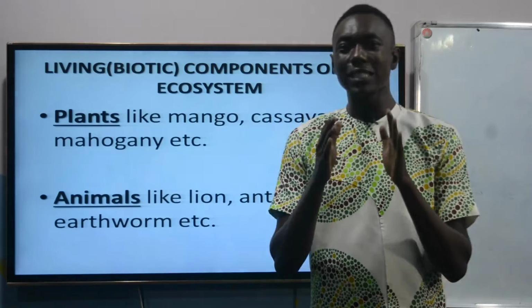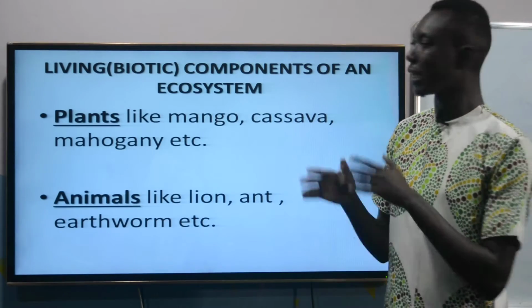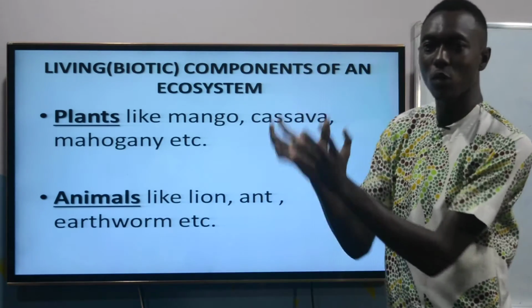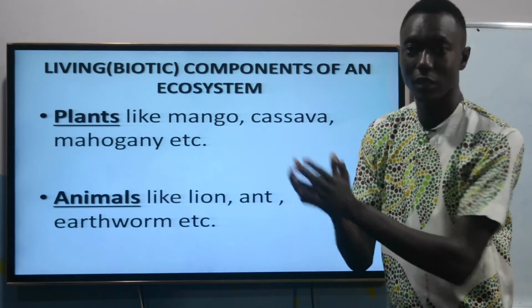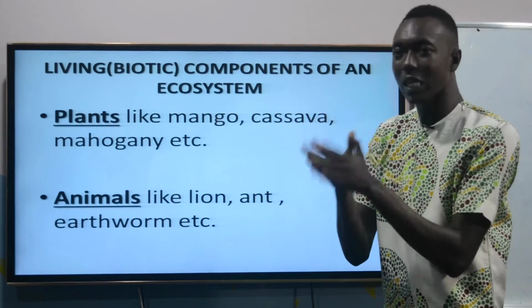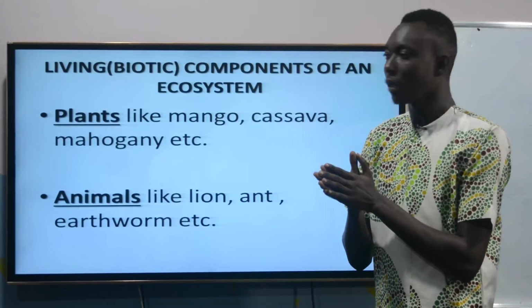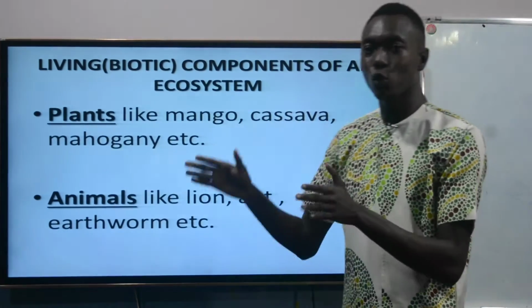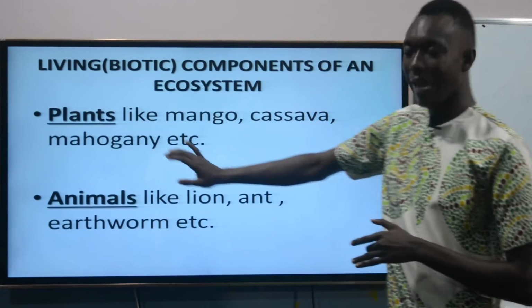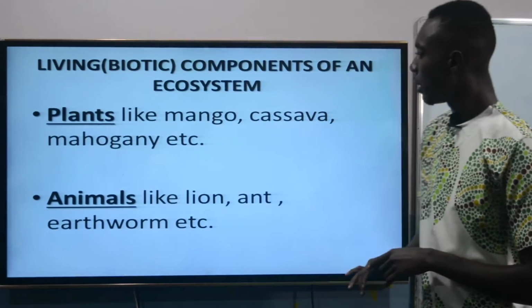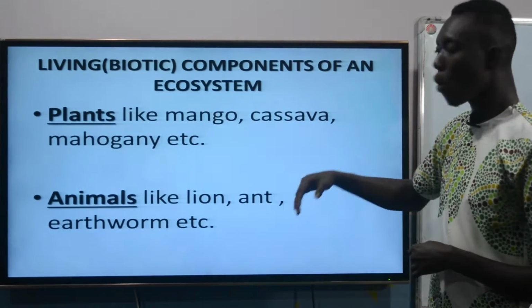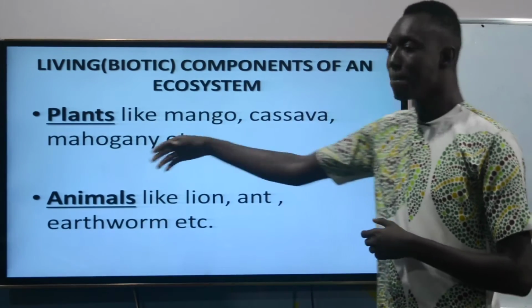Now, let us look at some of the living components in an ecosystem. If we take an ecosystem like the forest, what are some of the living things we will find in that forest? Those living things can be grouped into plants and animals. Plants like mango, cassava, mahogany.